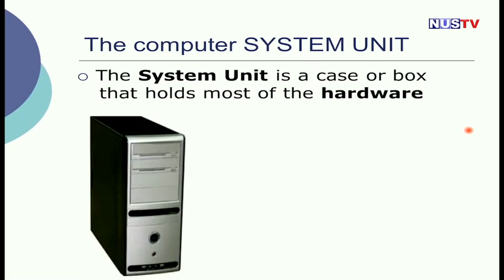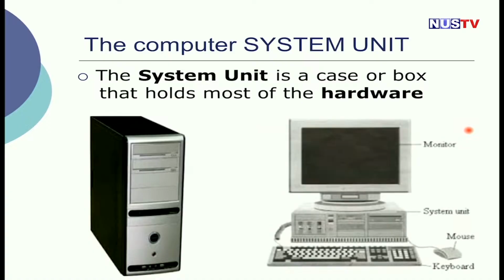It is made of steel or sometimes plastic. Some of them are black and gray, and most of them stand upright, just like what you see on your screen, and others lay flat under the monitor. Some people also call it a computer case or a tower.